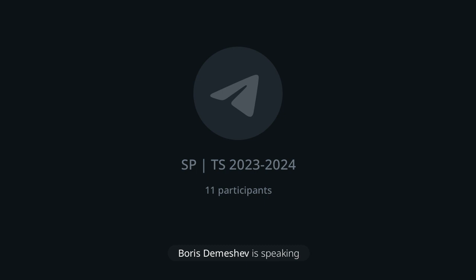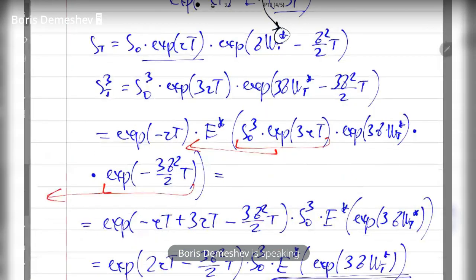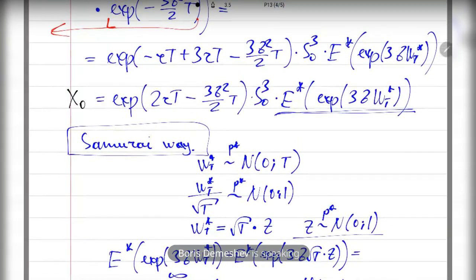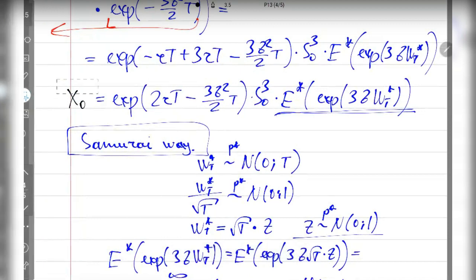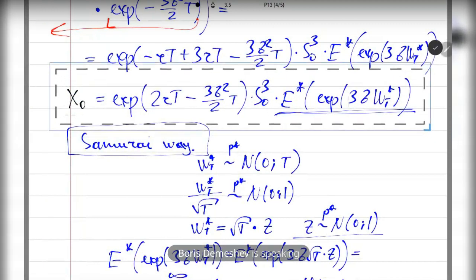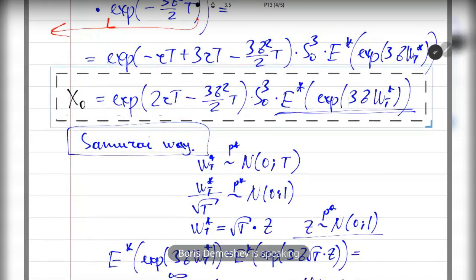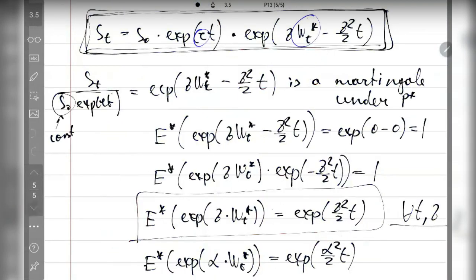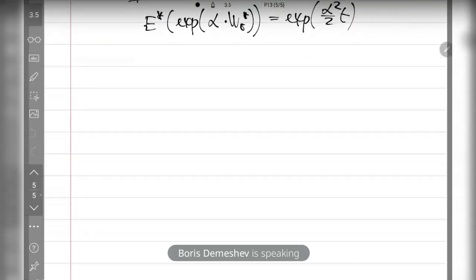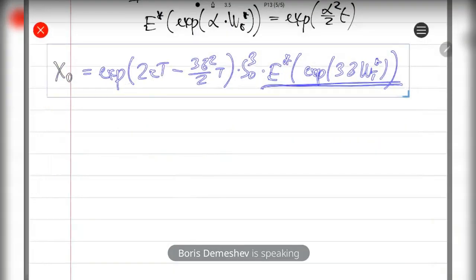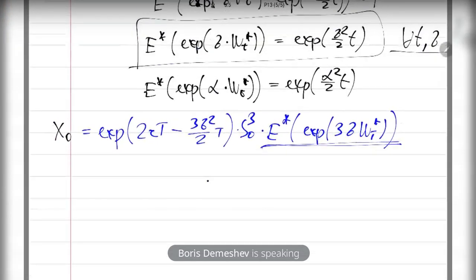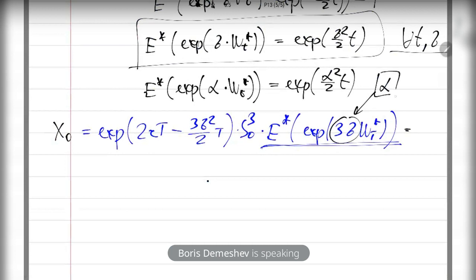Now let's go back to pricing our claim. To price our claim, we need to calculate x0 as this big expression. Let's go back to the price of our claim, okay? And this is my alpha. So I finish everything.